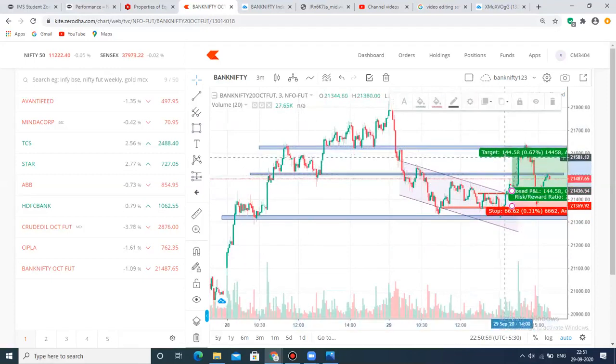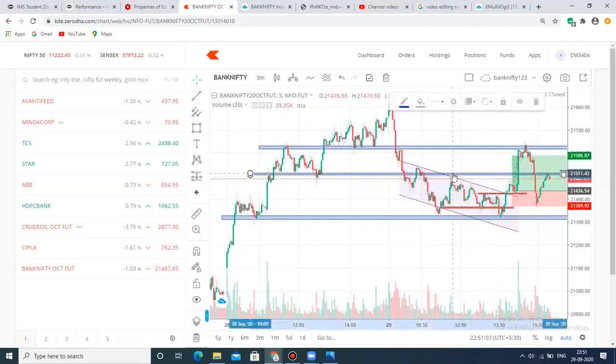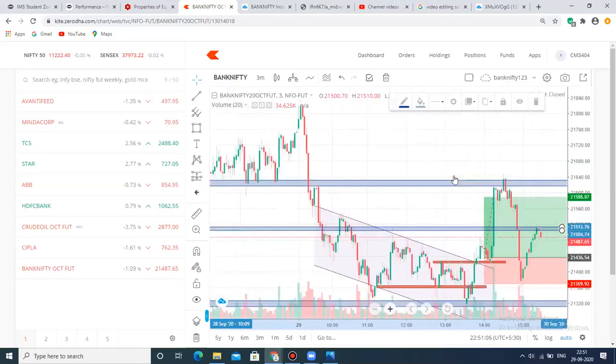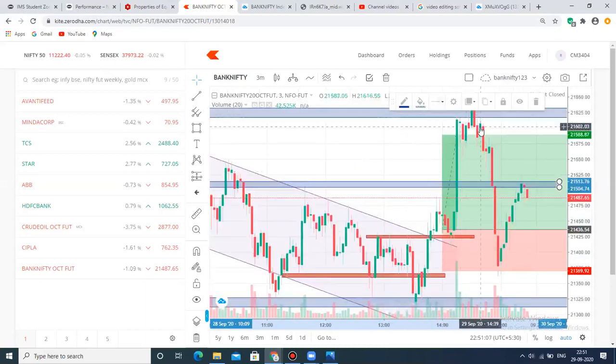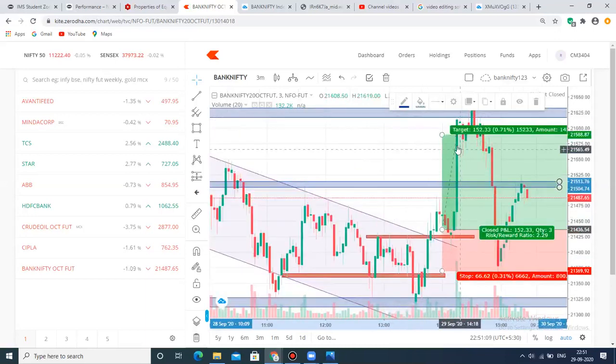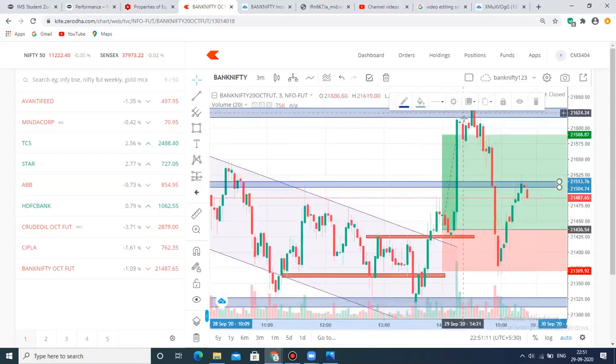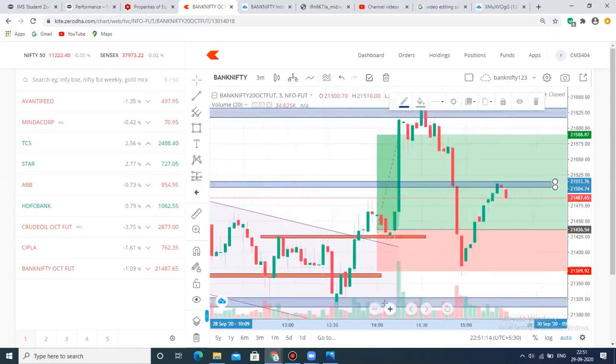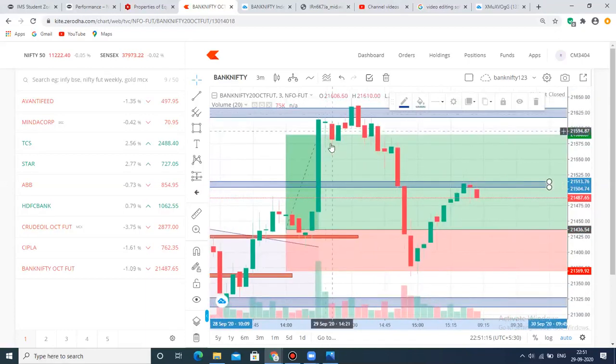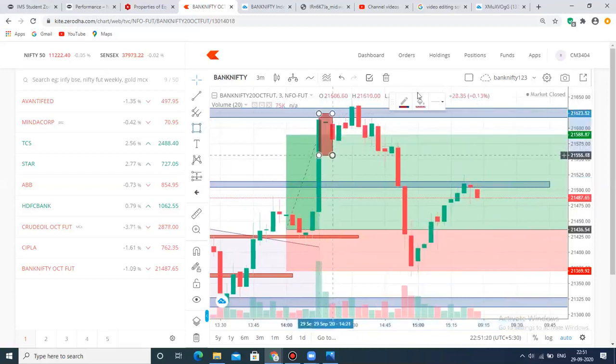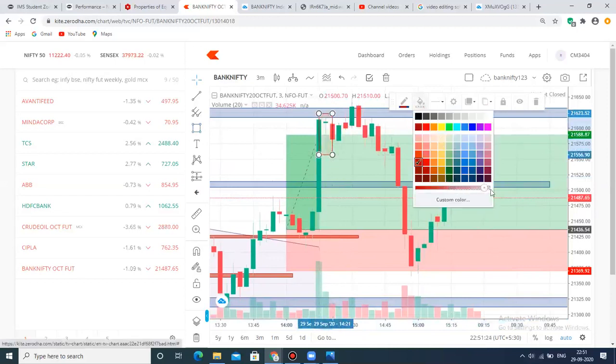I got around 150 points, and once I was done with 150 points, I just exited my trade. It did go more above that, but once I saw this candle right over here, I'll just zoom in. Once I saw this candle over here, I had an intuition that the stock might fall down a lot.